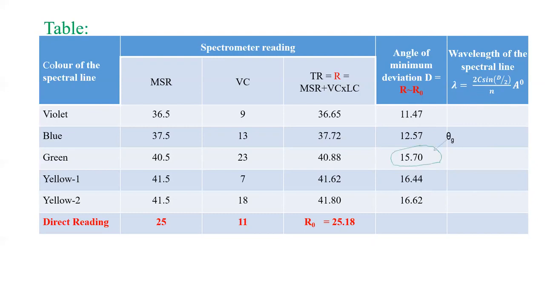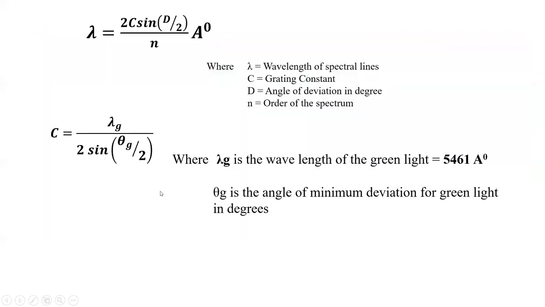For measuring this grating constant, we use the angle of minimum deviation value corresponding to the green color, which we have considered as theta z. Please remember that we use it to measure the value of c. So c equal to lambda g by 2 sine theta z by 2.